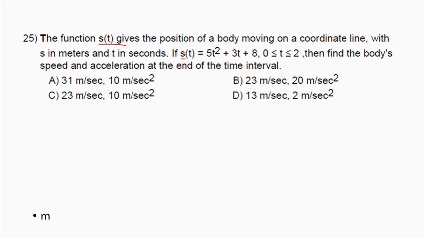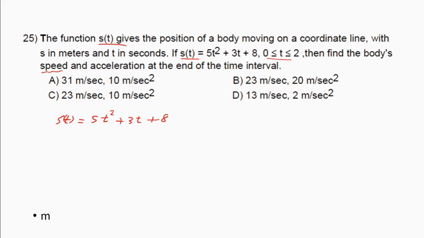If s of t is given by the equation 5t squared plus 3t plus 8, and we're given the time span from 0 to 2, then find the body's speed.